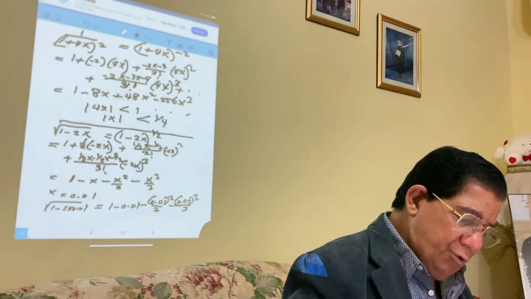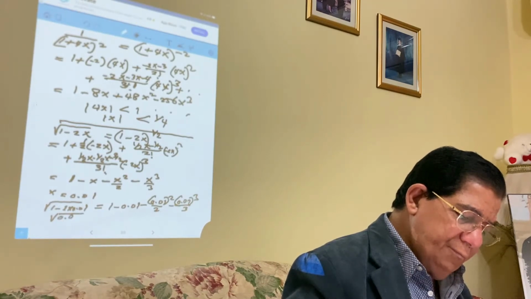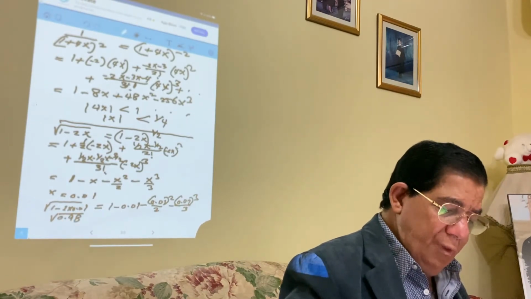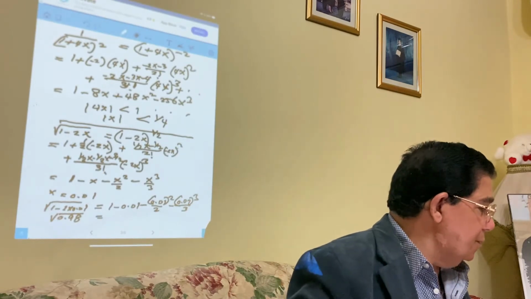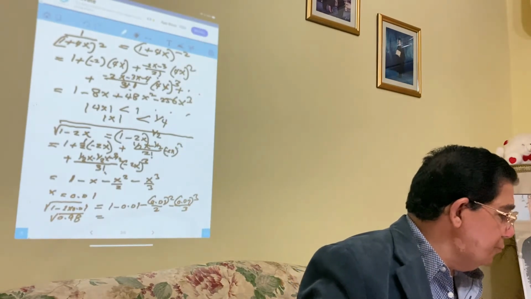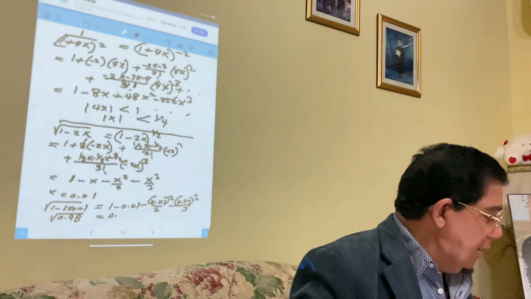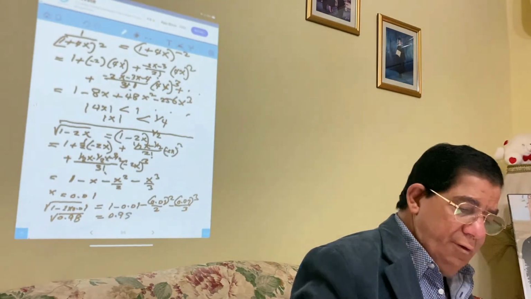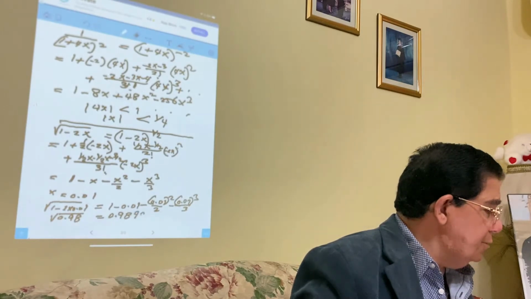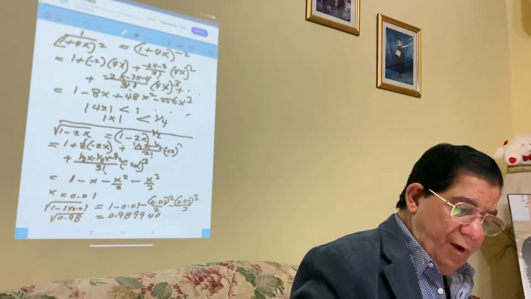This would be the square root of 0.98, and this would be equal to 0.9899495.